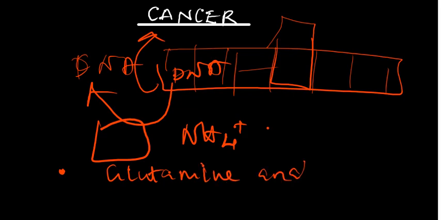We're still talking about cancer. The glutamine analogs are the ones that inhibit. For instance, we have acivicin as well as azaserine.